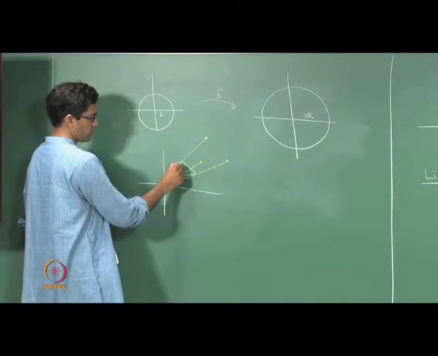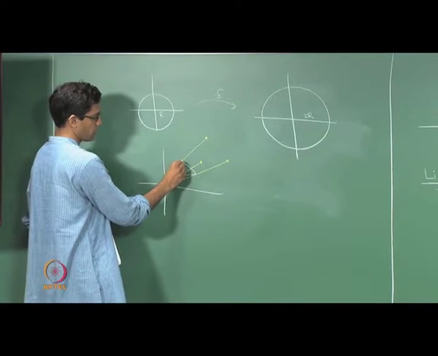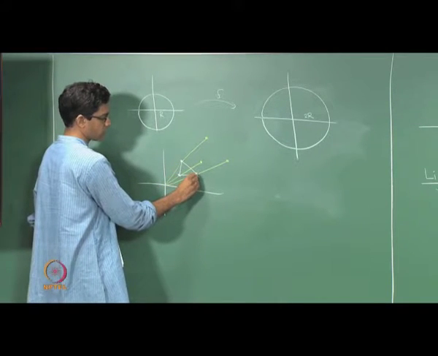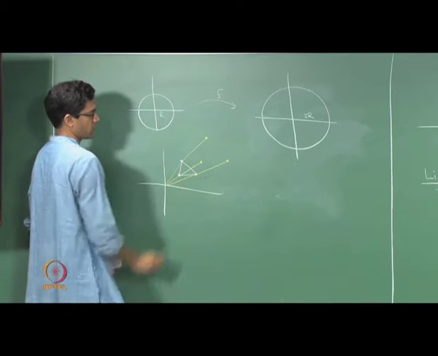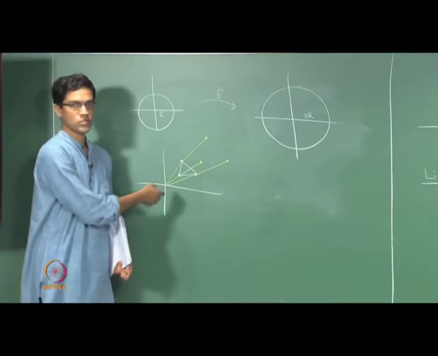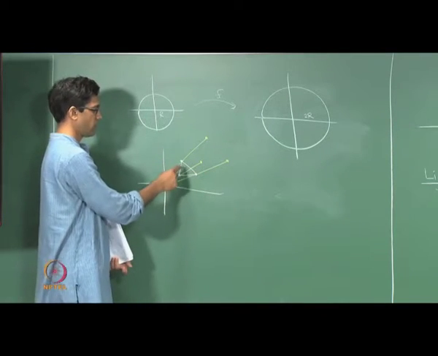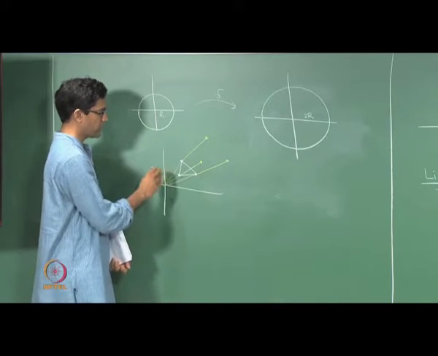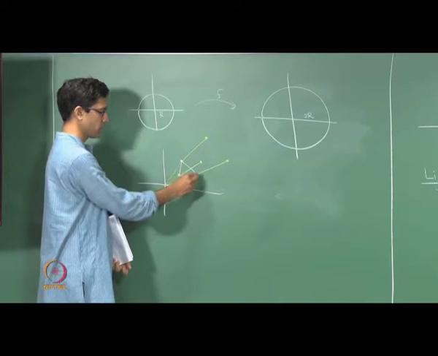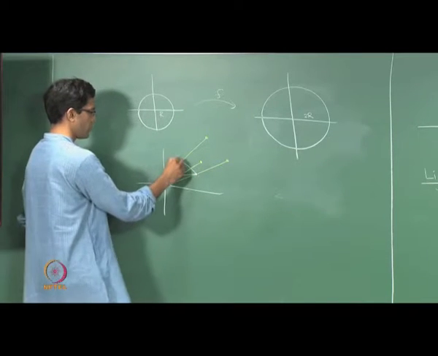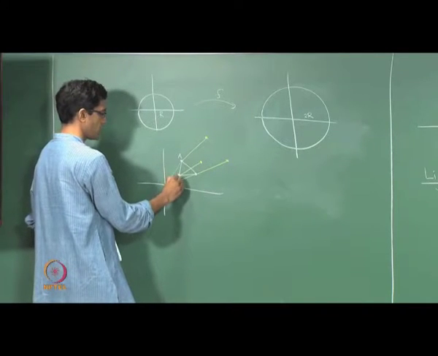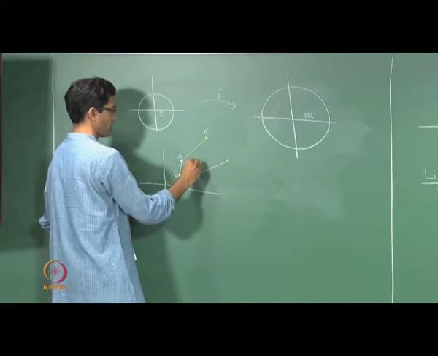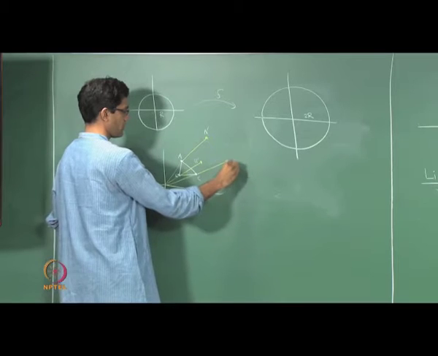Now observe, whenever you want to figure out the image of some sort of polygonal region, say a region which is bounded by lines, so for instance here it is a triangle, if I want to know what happens to this triangle under this map f, it is actually enough to just figure out what happens to the 3 vertices. So if I have the 3 vertices A, B and C, they map to, let us call them A prime, B prime and C prime.